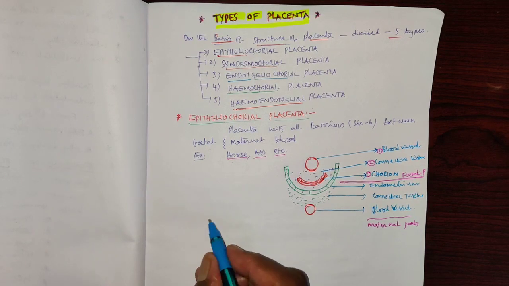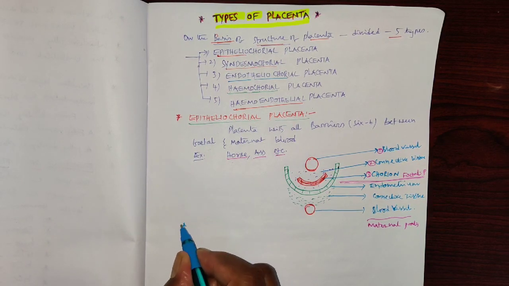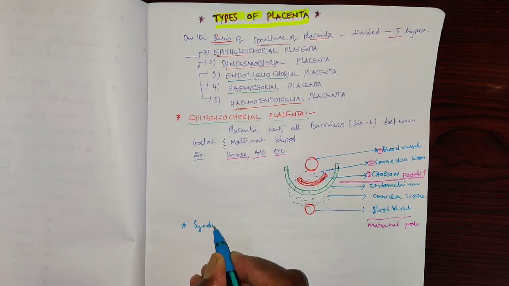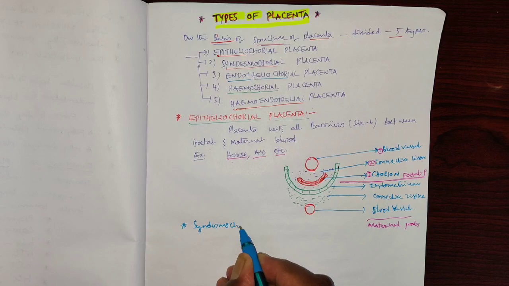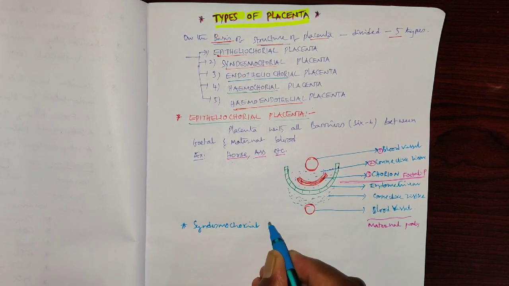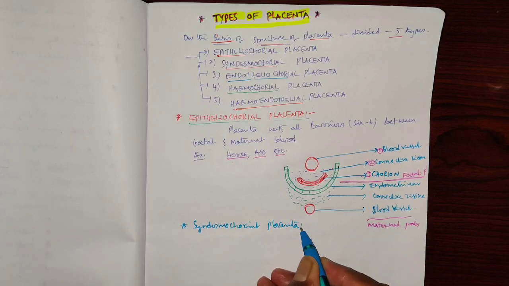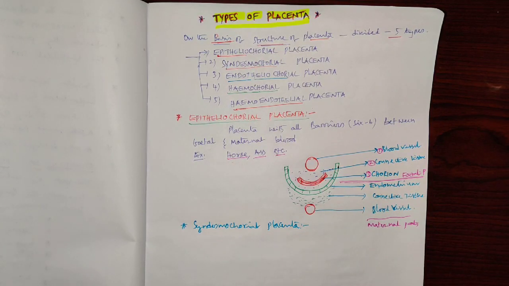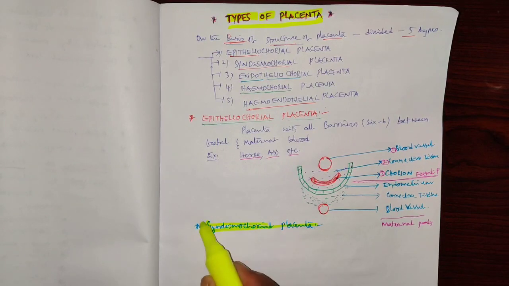That is called syndesmochorial placenta. Let's now give a small description.